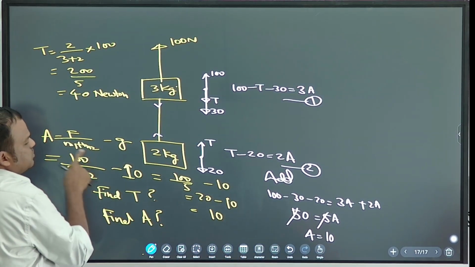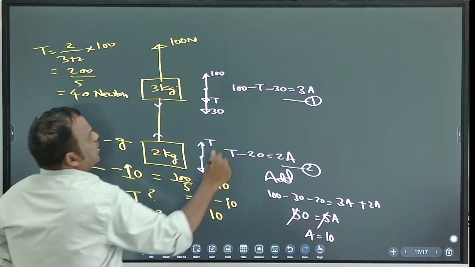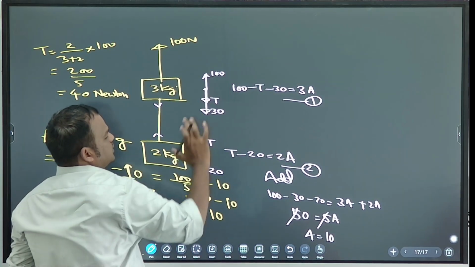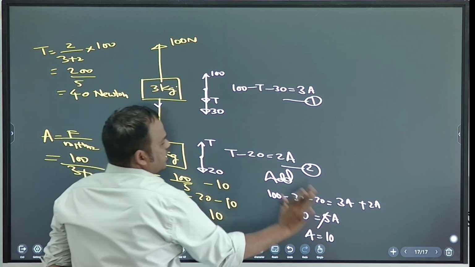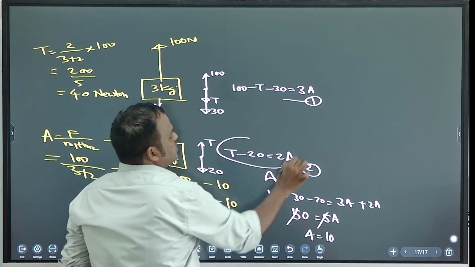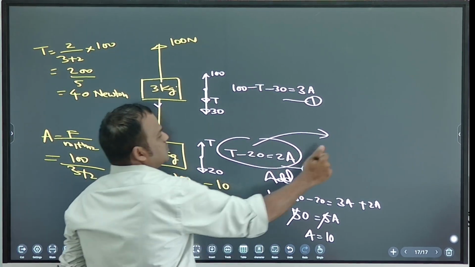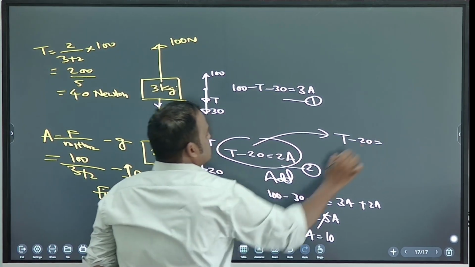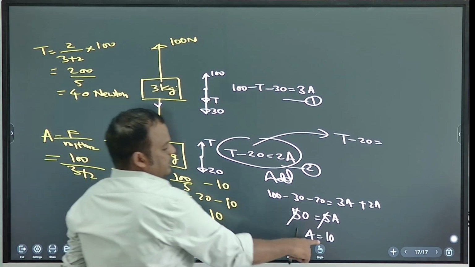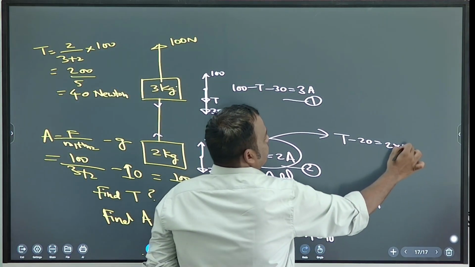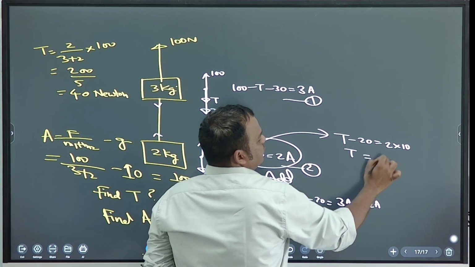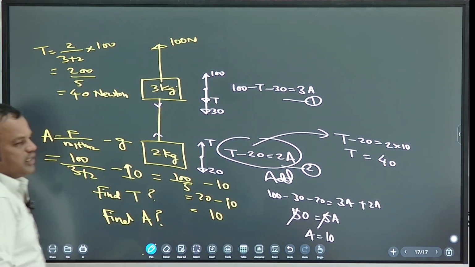Using the direct formula, you get the same thing, and applying the concept, the same answer. Now find tension using this: T minus 20 is equal to 2a, so T is equal to 40. Okay, 20 plus 20.